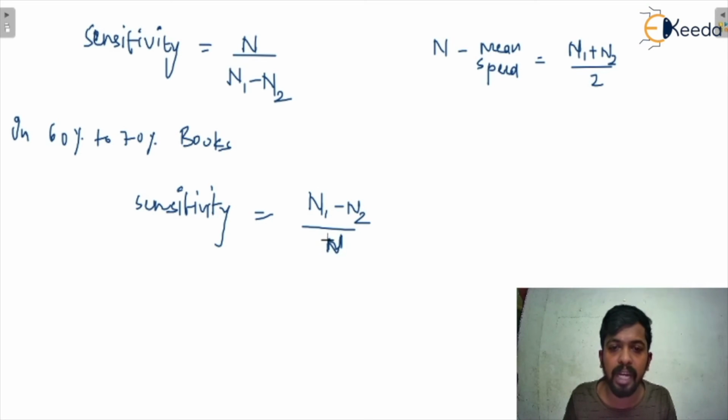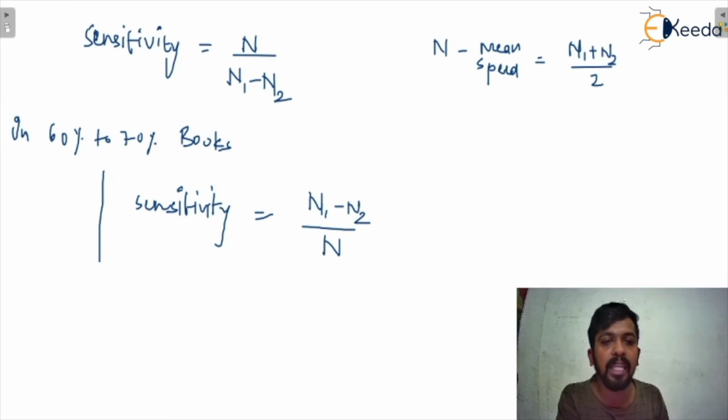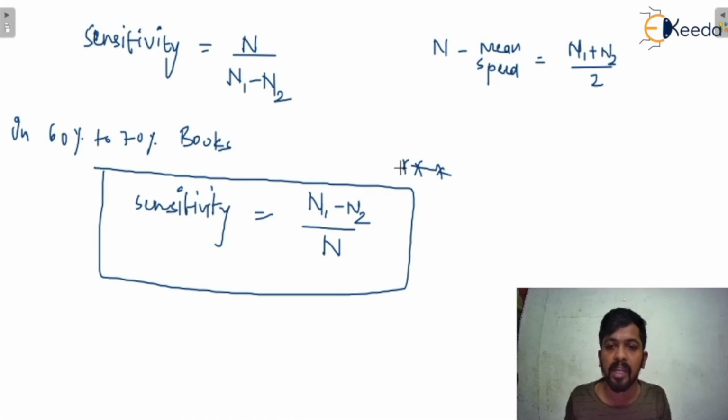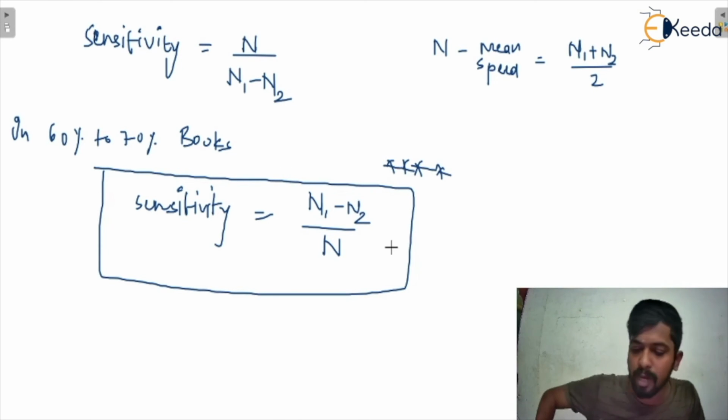So my dear students, you have to use this formula in the examination when you solve the numerical problem, because 60 to 70% of books contain the sensitivity formula as n1 minus n2 upon n.